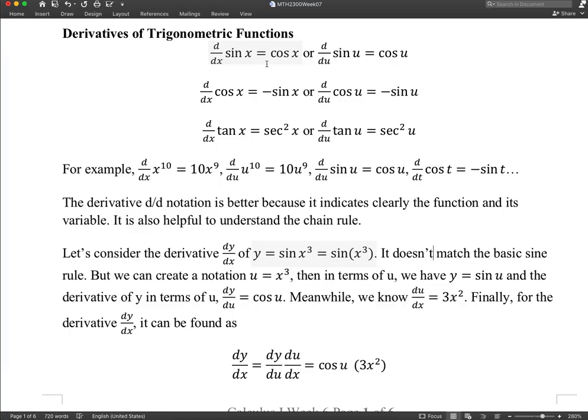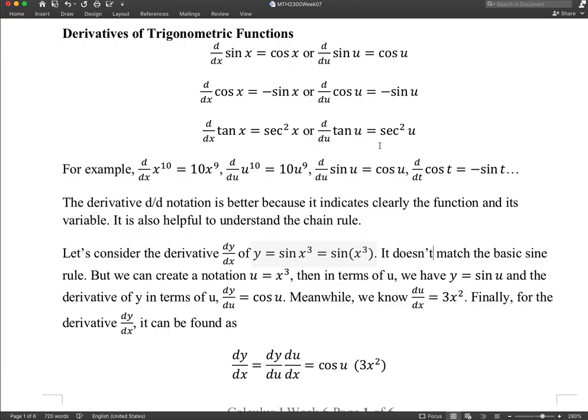By the way, speaking of those rules, you can write them in different notations, but you have to write the entire rule in a consistent fashion. You cannot have u and x or other variables mixed anywhere. It has to be x only or u only.